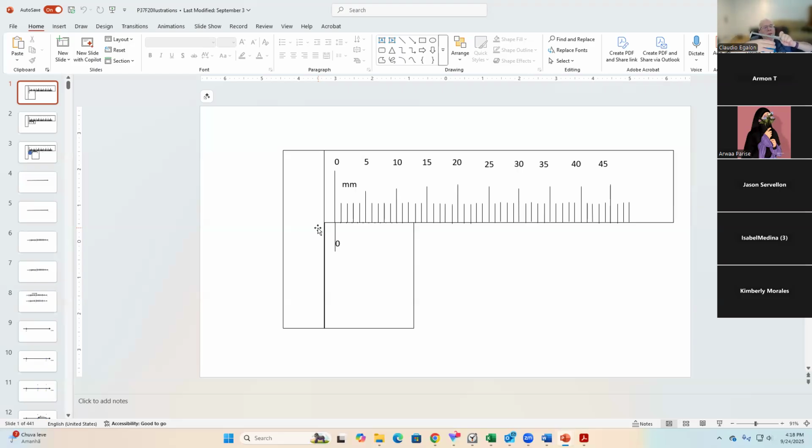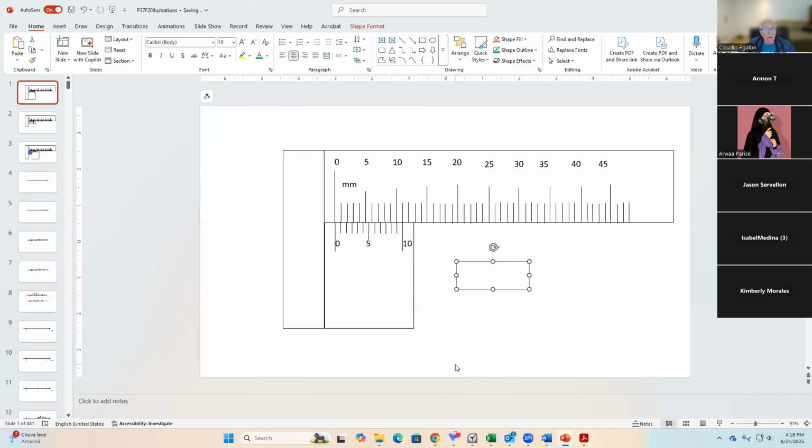But then we have this fancy ruler that goes down right in here. This one here is called the vernier scale, the vernier scale. Okay, and I put my vernier scale here. But right now it is covered. Okay, I'm going to uncover it.